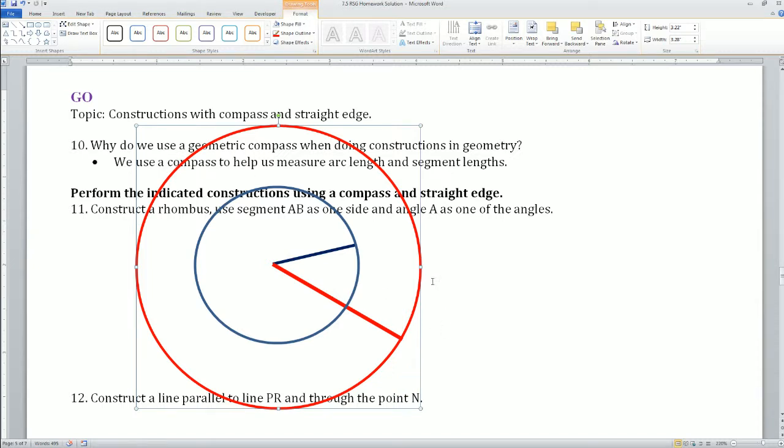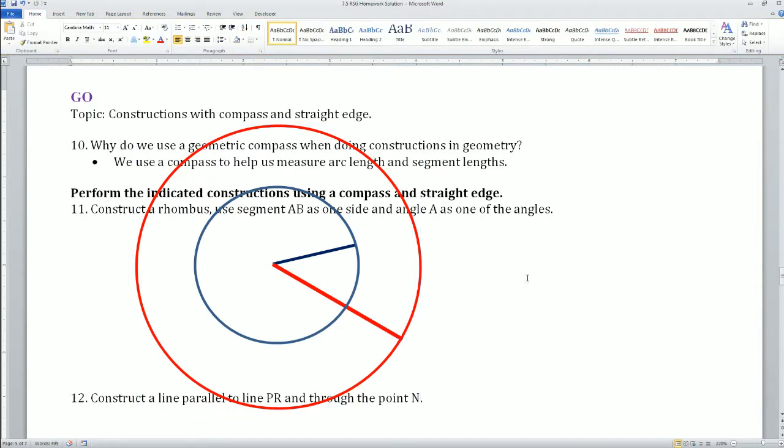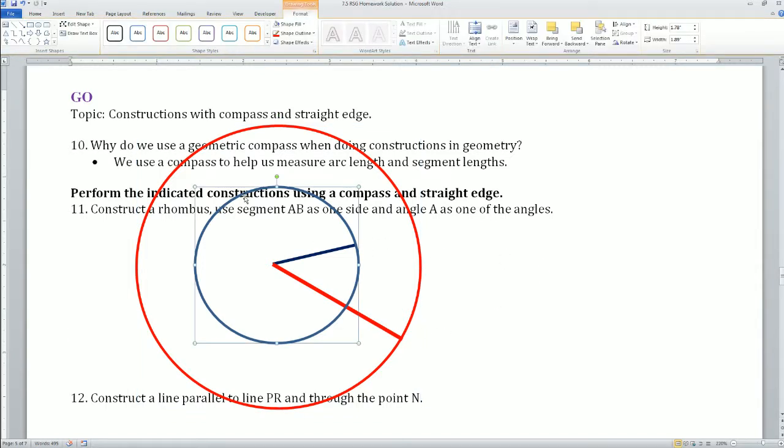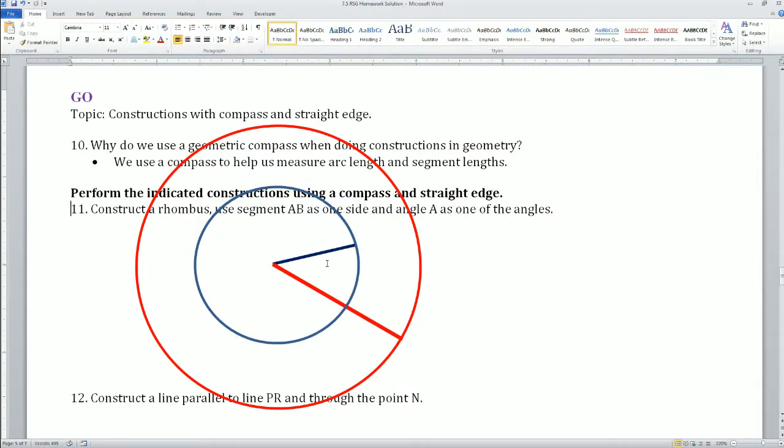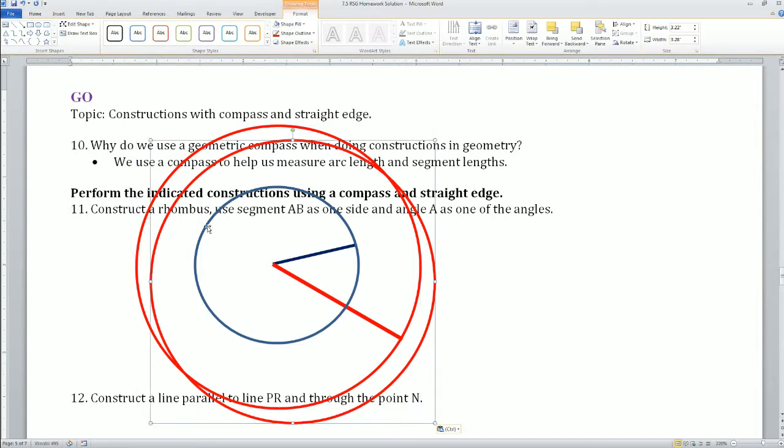From here, you see how a radius can extend here, so you can grab this and bring it right there.